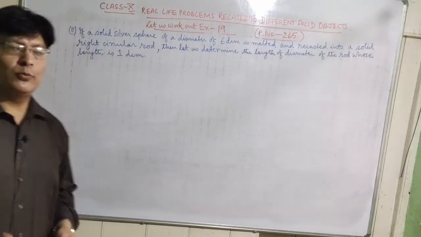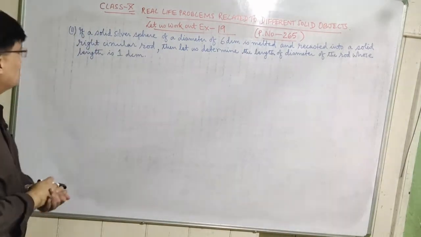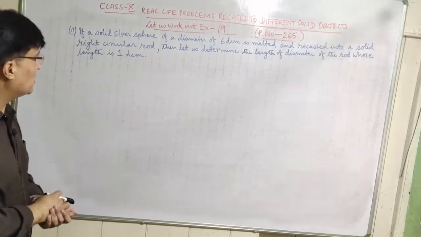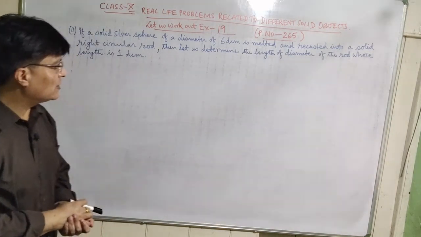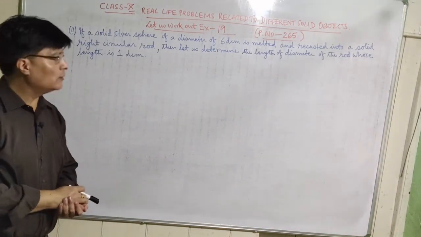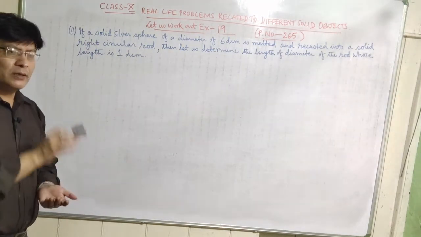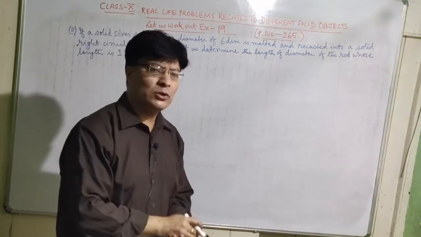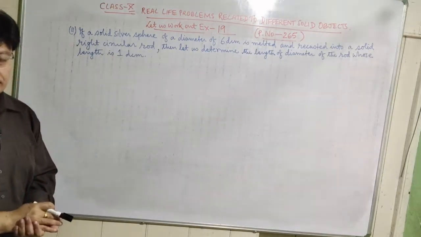So now we'll do the next question, that is question number 11. The question is, if a solid silver sphere of a diameter of 6 decimeter is melted and recasted into a solid right circular rod, then let us determine the length of the diameter of this rod, whose length is 1 decimeter.